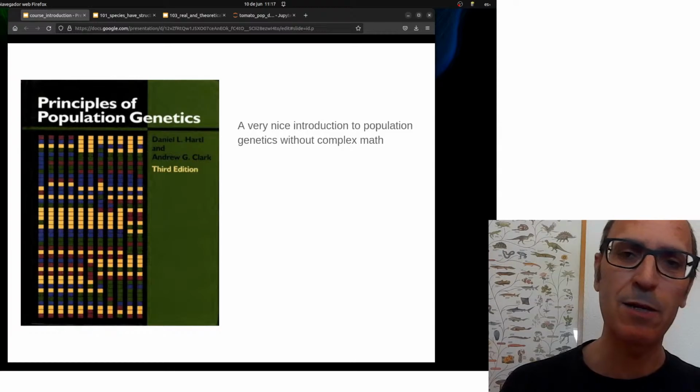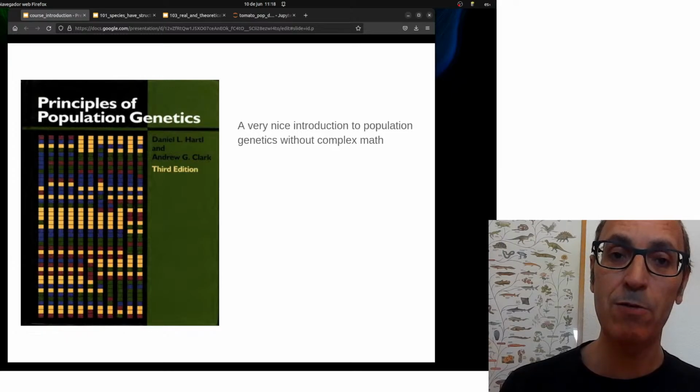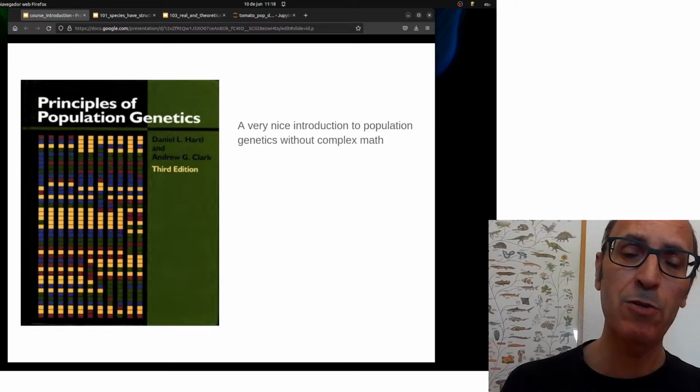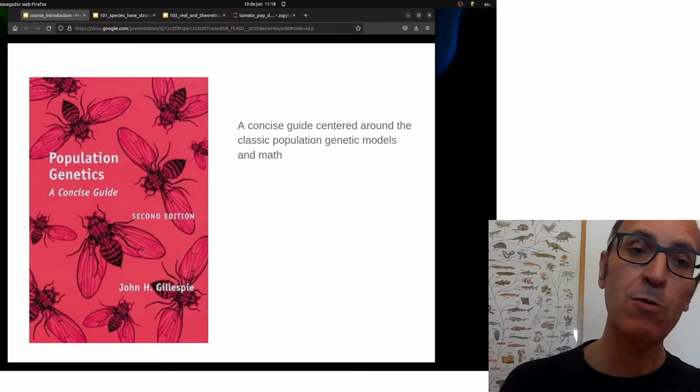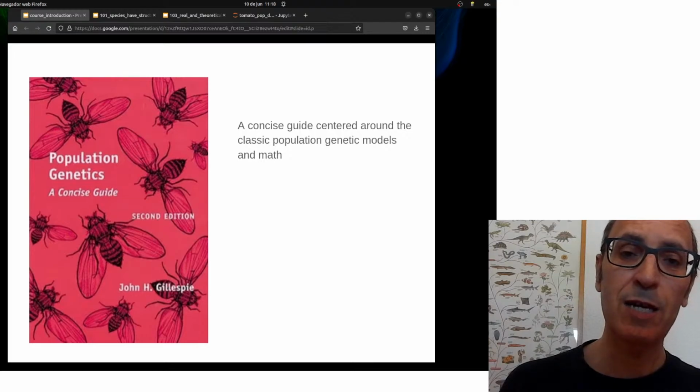Okay, and finally for the introduction, if you want a bibliography, it's here. This is a very nice book. I like it very much. It's quite simple, not a lot of math, but conceptually it's very good. So I recommend Principles of Population Genetics by Hartl and Clark. Also, if you want the math, you can go to Population Genetics: A Concise Guide. I mean very concise, but it's really concise, this book. It's compressed.